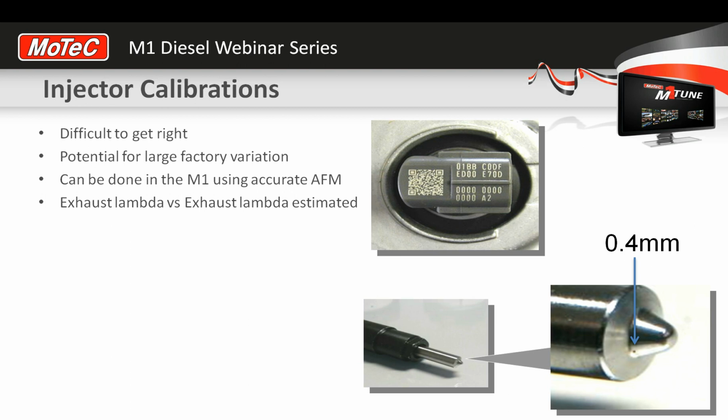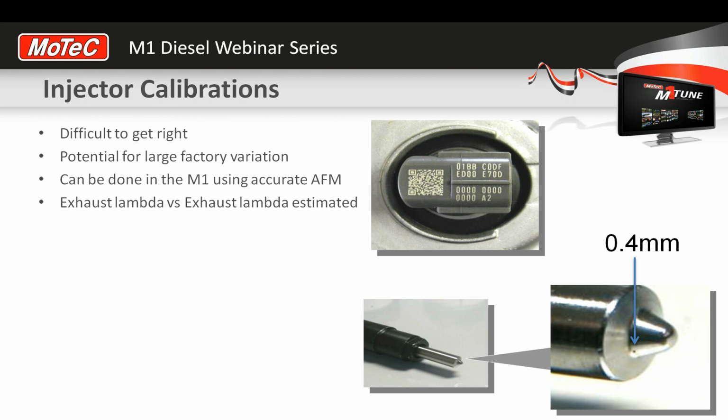The factory even deals with it. When you change an injector on a factory engine, you scan the barcode into the factory ECU, and that puts that individual injector calibration into the ECU, and then the ECU itself does ongoing injector calibrations based on cylinder to cylinder speeds.